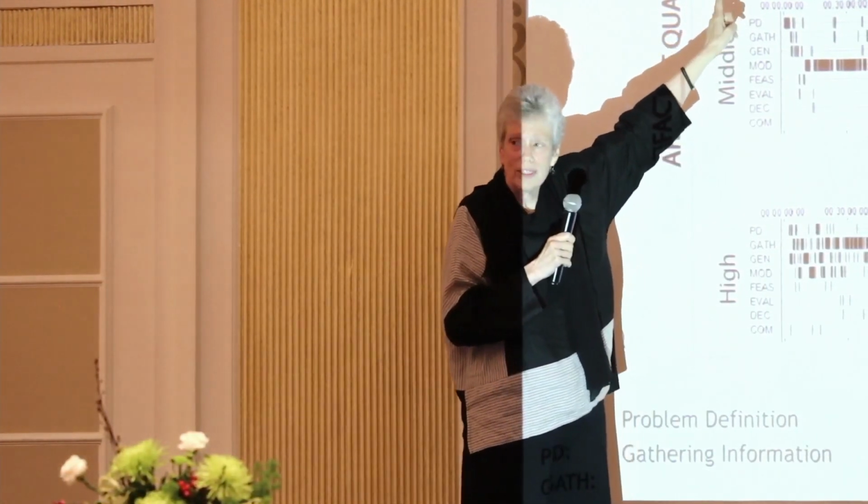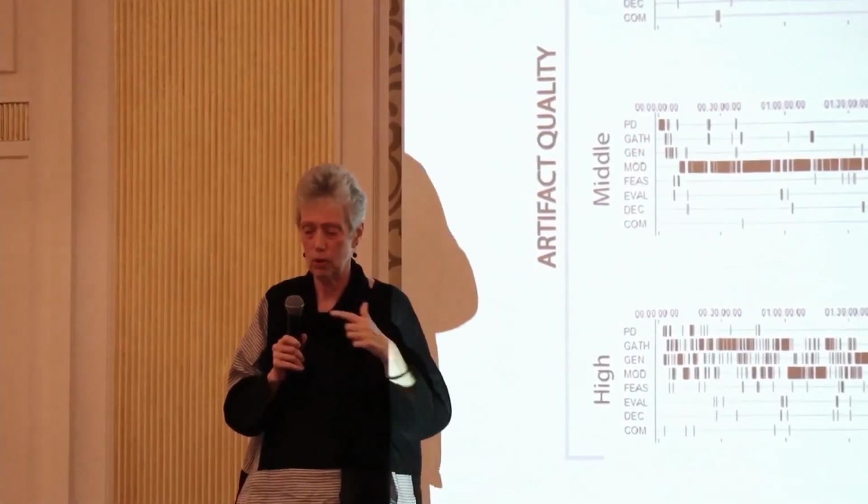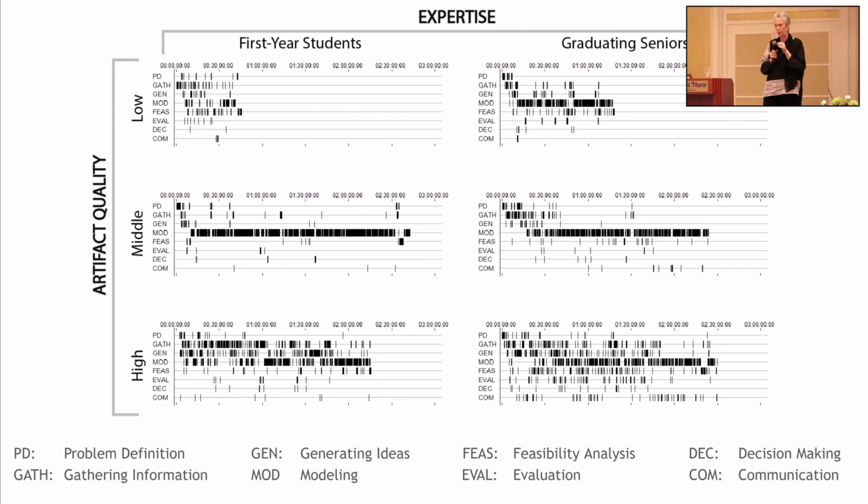A quarter of the students actually looked like the top low-quality playground design. Those students read the problem statement, came up with an idea, read the problem statement, gathered a piece of information, read the problem statement, and gave up. They actually weren't able to grab onto something to make into a final product.